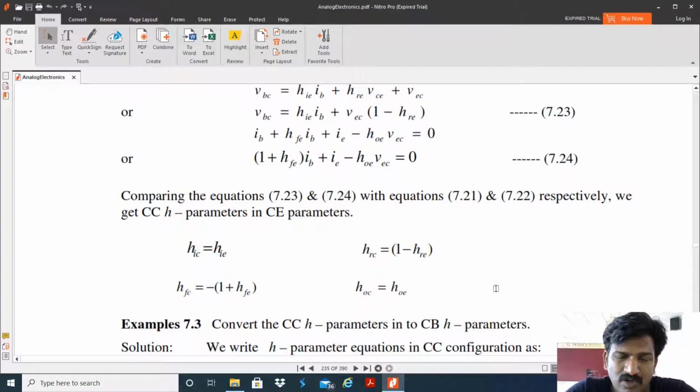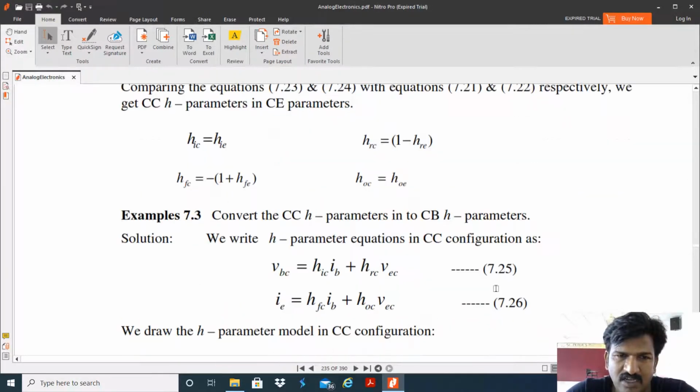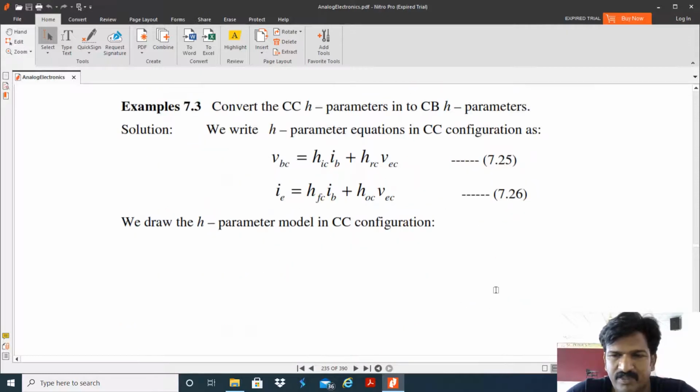Again, you can write those configuration terms in terms of another configuration. Let me take one more example: convert the CC configuration parameters into CB configuration parameters.